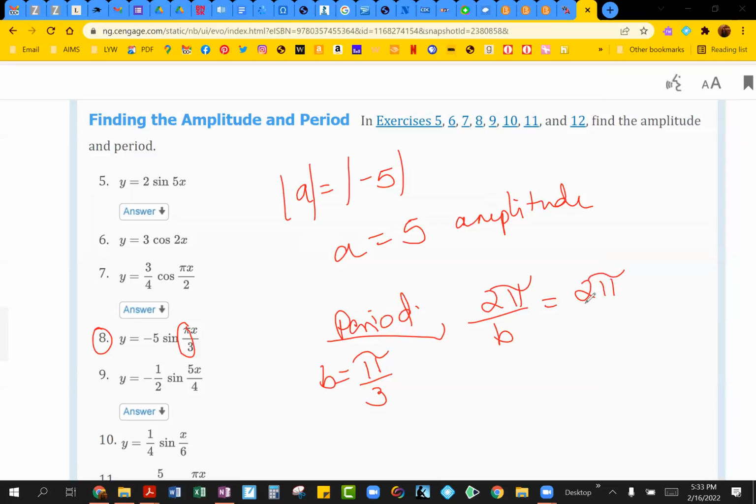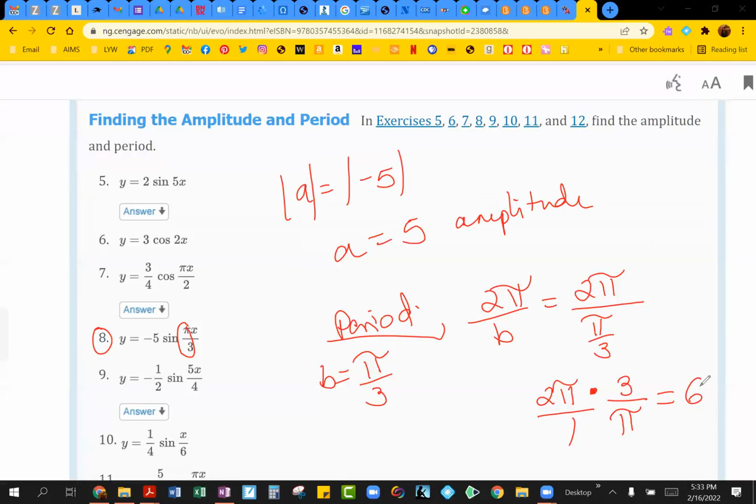So then you will do 2 pi divided by pi over 3. Just like I showed you before, keep the 2 pi as it is, change division to multiplication, and then invert the bottom fraction. And what do you think our period comes out to be here? Six. Yes, very nice.